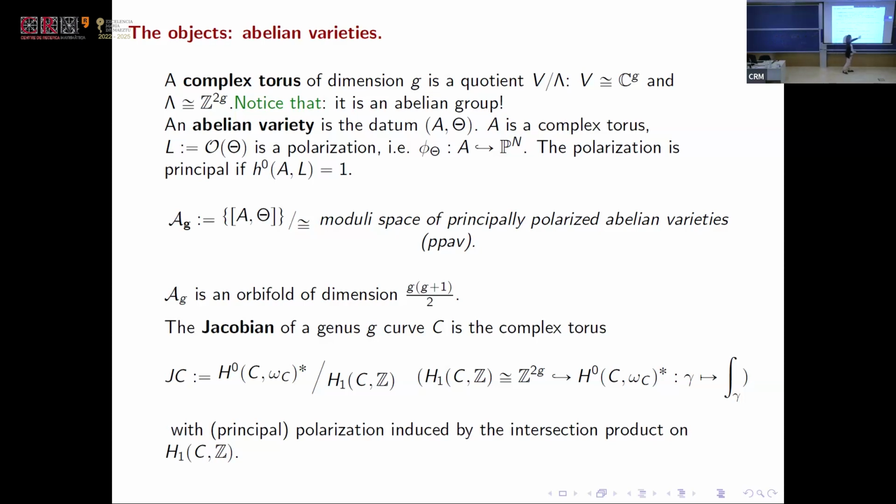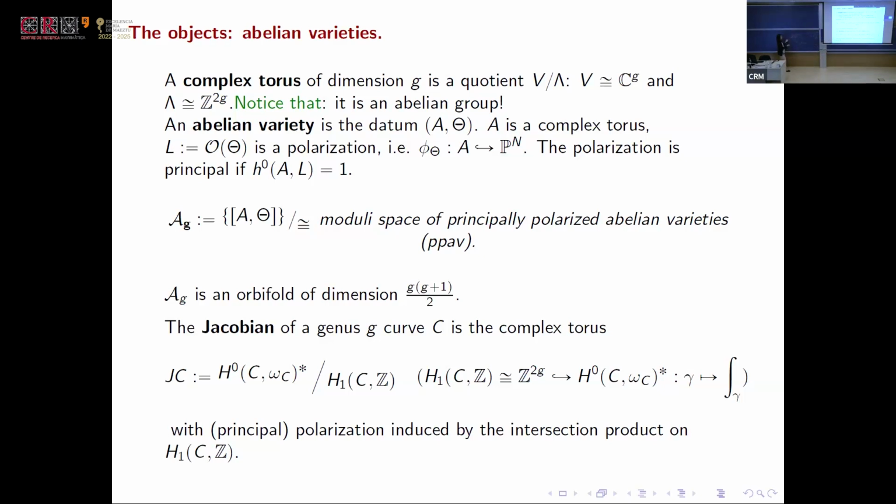So it defines a lattice of rank 2g inside this space, by taking a loop and considering the operator given by the integral along this loop. We have a natural polarization, which is provided by the intersection product. The intersection product on loops is precisely what we can imagine it to be.